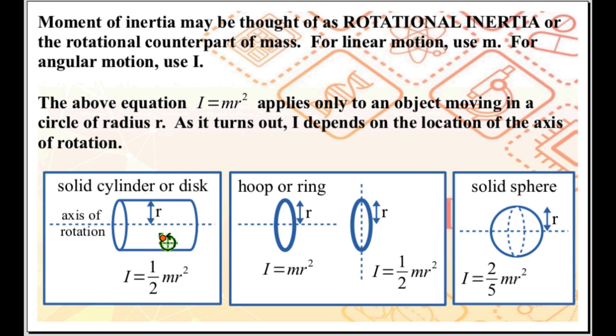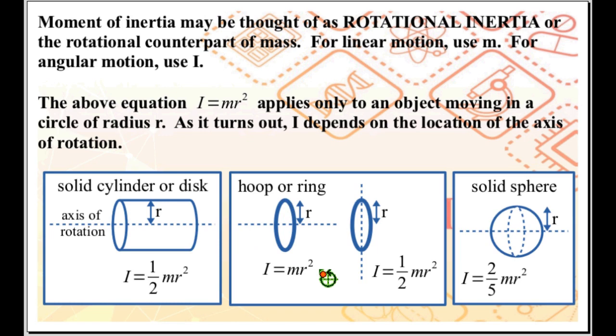The moment of inertia is given by 1/2 mr squared. On the other hand, if you have a hoop or a ring of radius r, and the axis of rotation is passing through the center of the ring or hoop, the moment of inertia is mr squared.